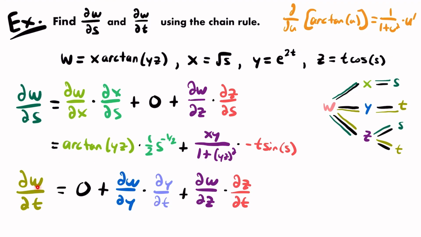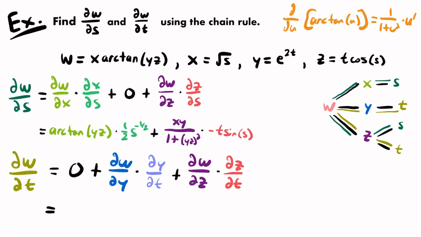But first, let's work on the partial of w with respect to t, starting with the partial derivative of w with respect to y. And so looking at w again, y is inside the arctangent function, so we still have that constant of x divided by 1 plus the inside function squared, so yz squared, multiplied by the derivative of the inside function, which now with respect to y would be z, because the derivative of y to the first power is its coefficient, or the number multiplied by it, which would be z.